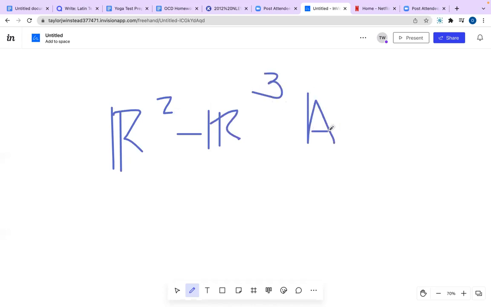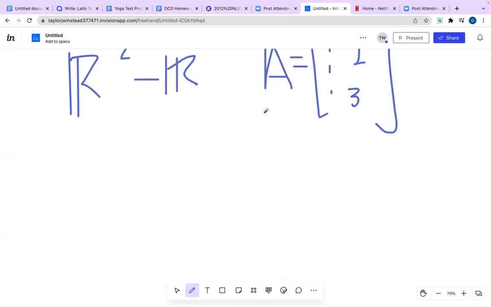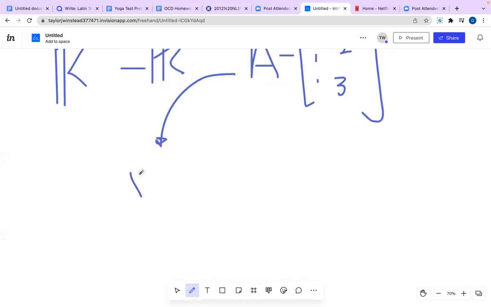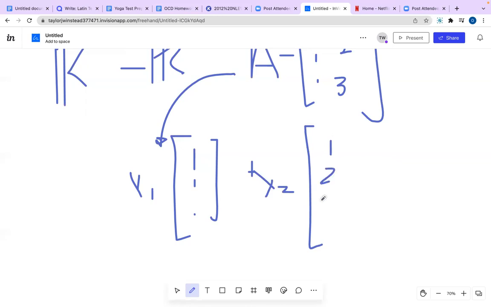And we've got A equals [1, 1; 1, 2; 1, 3]. I'm going to skip a couple of steps here and move a little quickly just to show this idea. But the point is, we've got x1 times (1, 1, 1), because we split up into column vectors, plus x2 times (1, 2, 3).